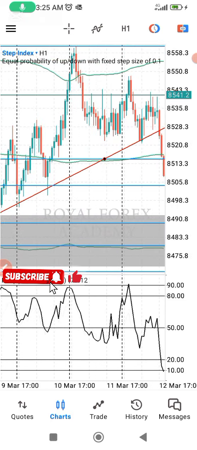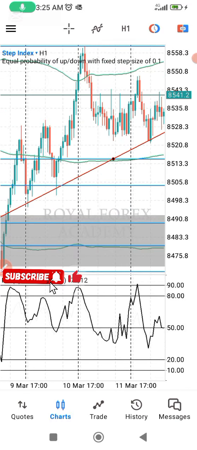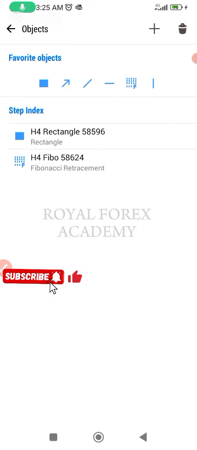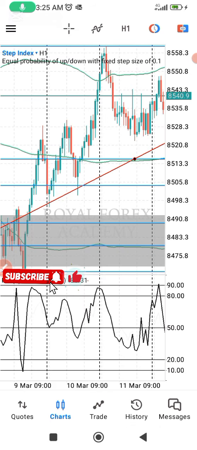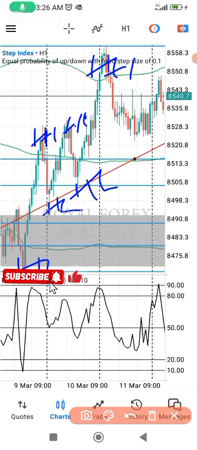You see that zone there? Now look at this. On a 1 hour time frame, this is happening in the zone of an order block. Let me show you something. Price is giving us here a higher low, a higher high, a higher low, a higher high, and then here we are having a higher low and then a higher high.